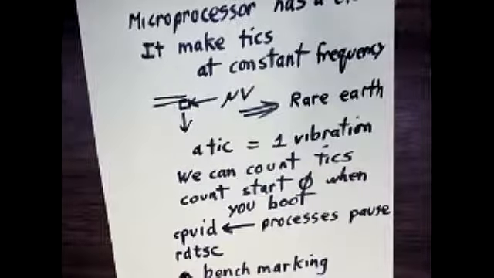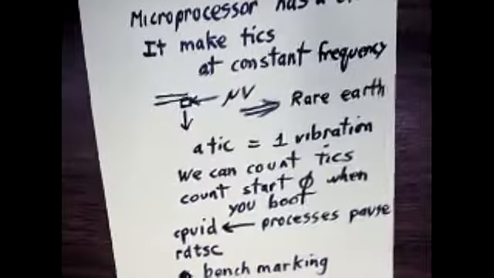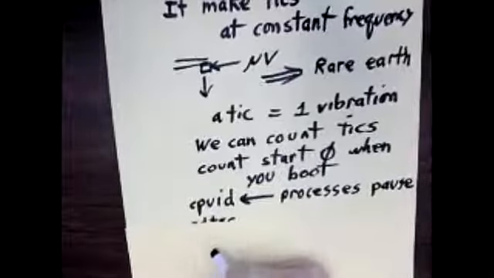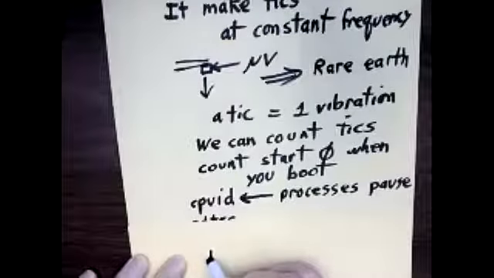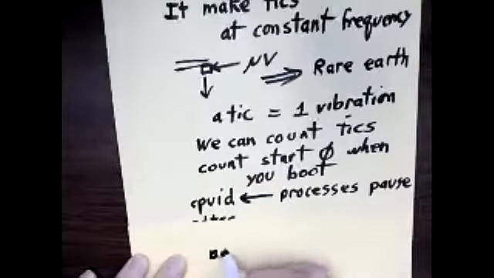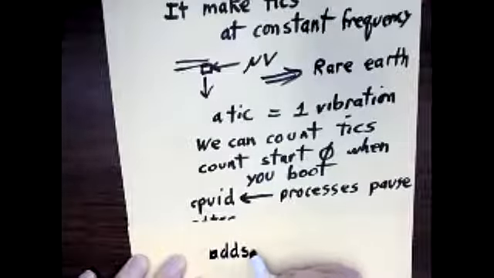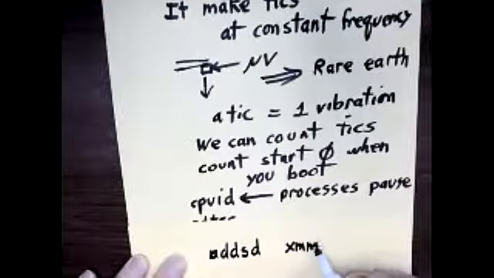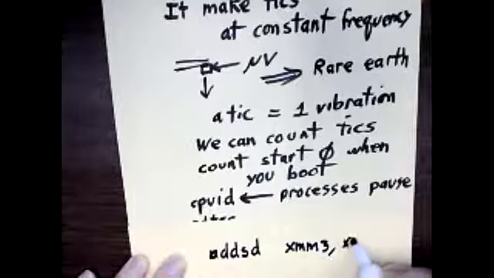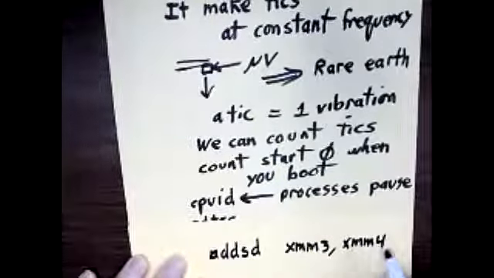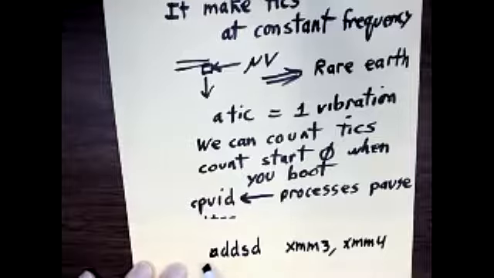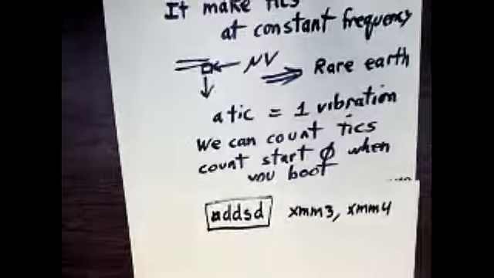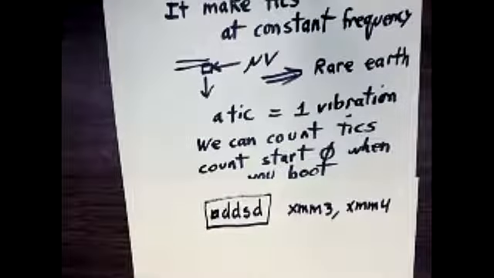Let me give you an illustration. Here's something we know about: ADDSD XMM3, XMM4. It doesn't matter which one. Suppose you want to know how long it takes for this instruction to execute. You can't loop it.